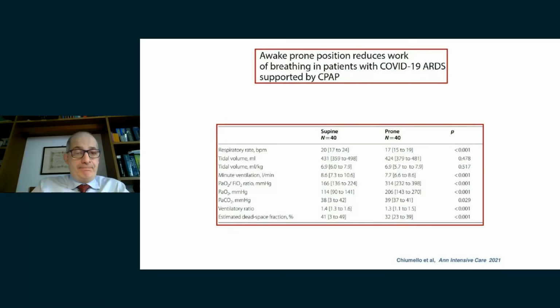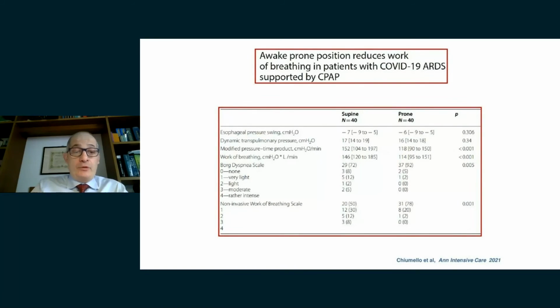When patients were moved from supine to prone position, the respiratory rate significantly decreased and the minute ventilation significantly decreased. This was associated with an improvement in oxygenation and a reduction in PCO2.